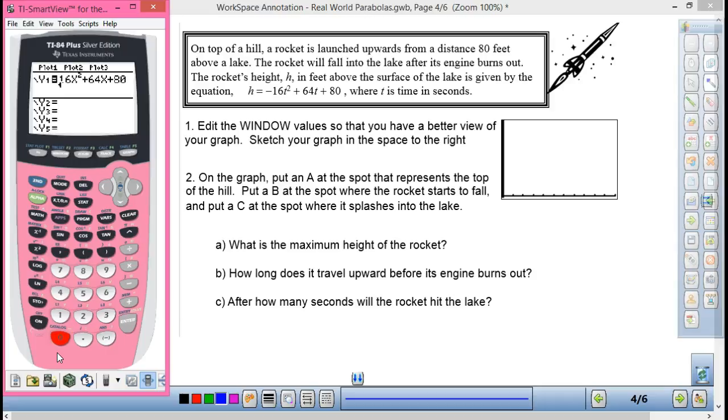But think about all of our problems, like being thrown off a building, right? They're all coming down. What makes something come down? Gravity. That negative 16 deals with the pull of gravity. So a lot of the problems that you see with parabolas and coming down are going to have that negative 16 in real world because that deals with the pull of gravity.